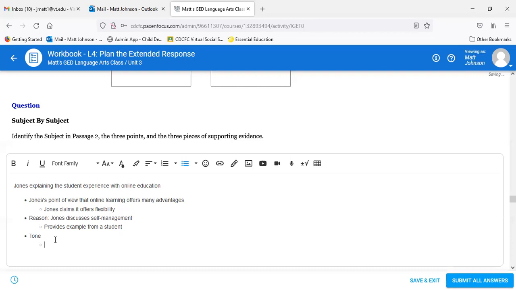And for tone, Jones uses an optimistic tone when discussing the benefits.